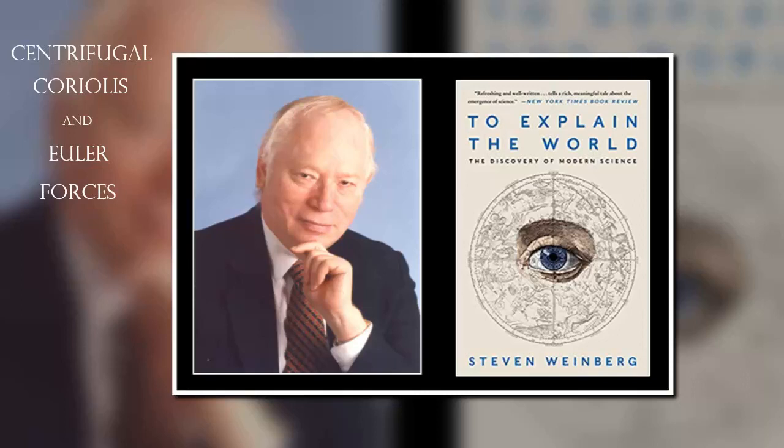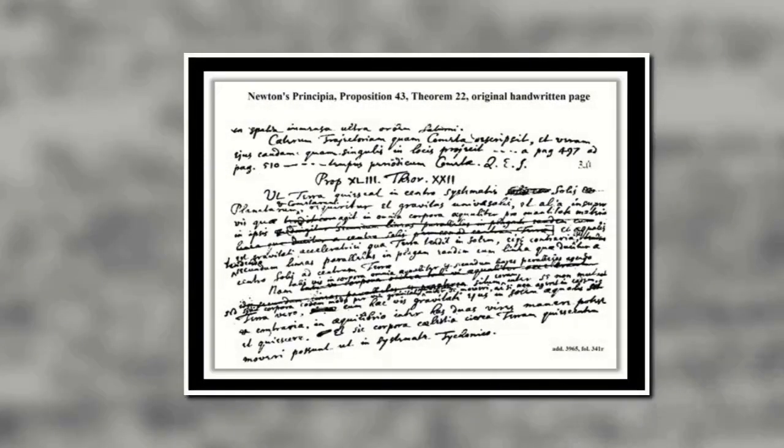In Proposition 43, Newton says, "In order for the Earth to be at rest in the center of the system of the Sun, planets, and comets, there is required both universal gravity and another force in addition that acts on all bodies equally according to the quantity of matter in each of them, and is equal and opposite to the accelerative gravity with which the Earth tends to the Sun.